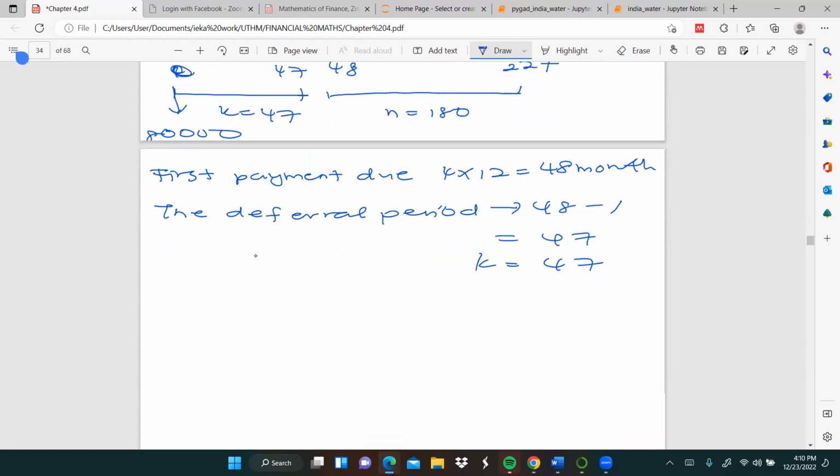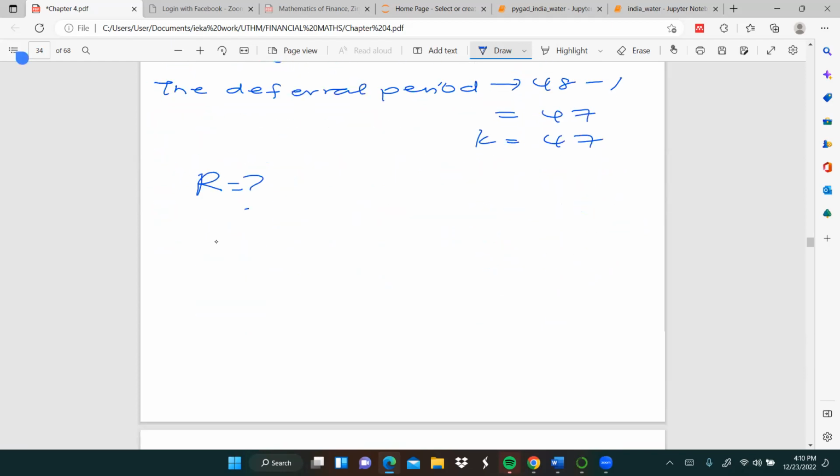So now we need to calculate the size of the payment. So we need to find R. Okay, so the formula is, we have our A, this is our A or 80,000. R is A divided by A angle N at I times 1 plus I to the power of 47.